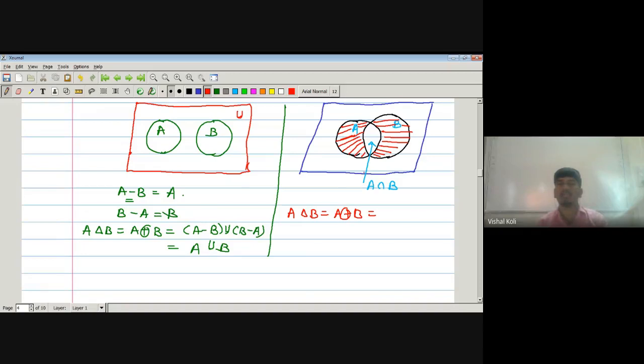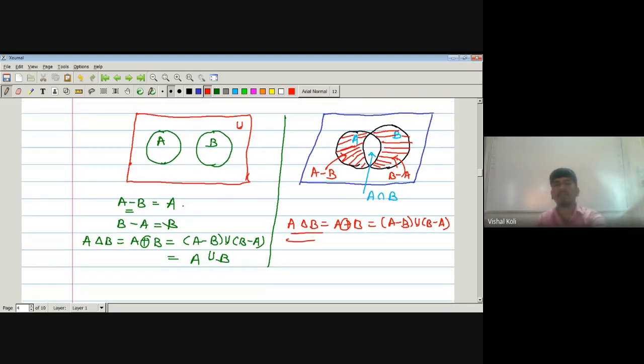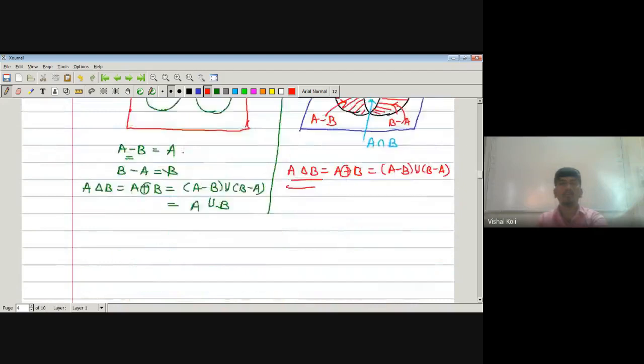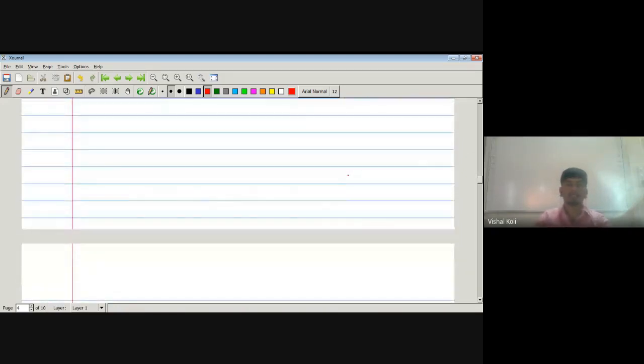This will be A minus B, and this region will be B minus A, and their union, A minus B union B minus A, is nothing but the symmetric difference of the two sets A and B. That is, the region shaded by the red lines is the symmetric difference of two sets A and B whenever there are some common elements between them. So in this way we can find the symmetric difference of any two sets.